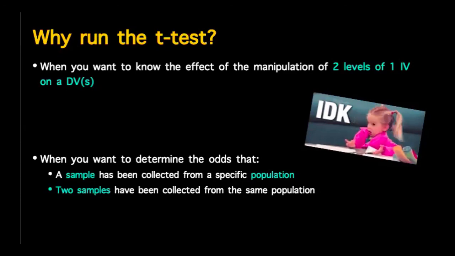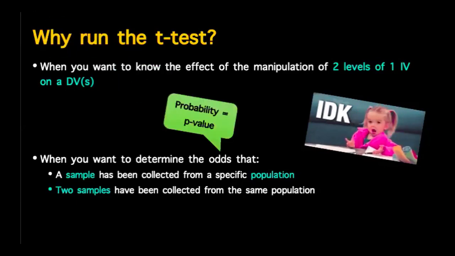Okay. So, with that being said, remember that odds represent a probability, right? And in our case, probabilities represent p-values. So basically what we're looking at in the statistics, right, is does the p-value come out significant in terms of distinguishing group means, right?